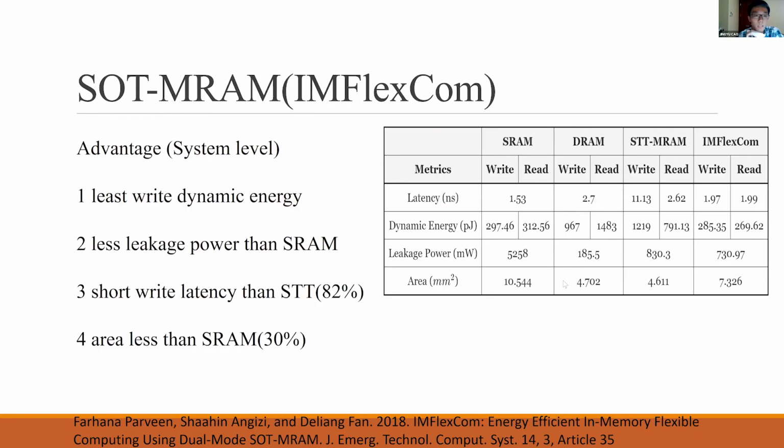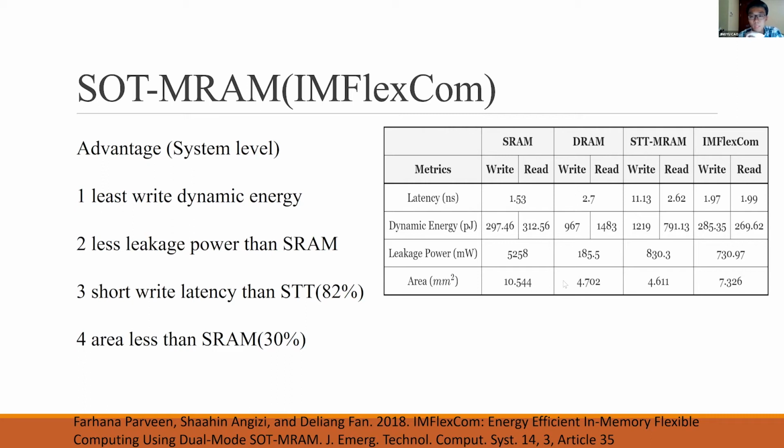Then is the system level performance. IM FlexCom is the in-memory flexible computing platform, which uses a novel spin orbit torque MRAM array architecture. This picture is an example of comparison between different kinds of memories. The IM FlexCom memory shows the least write dynamic energy due to its low write voltage in comparison to other devices. It also greatly reduced the total leakage power compared to SRAM.